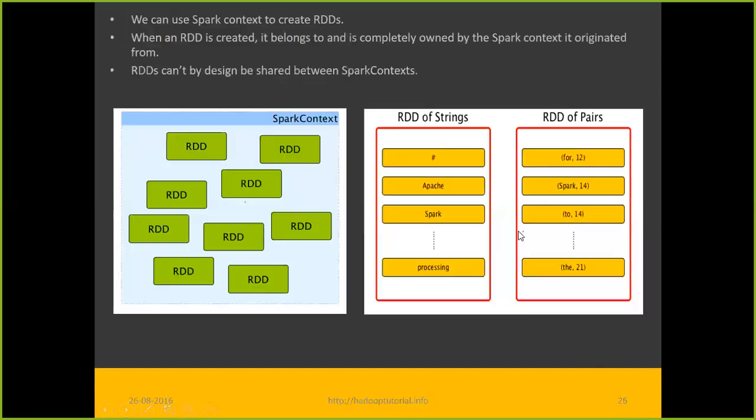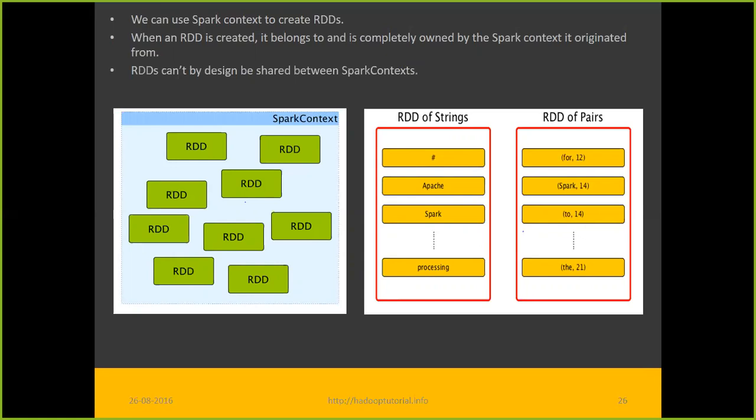Okay, let me continue. We can use Spark context to create RDDs, which we have already seen in our previous slides. When an RDD is created, it belongs to and is completely owned by that Spark context only.